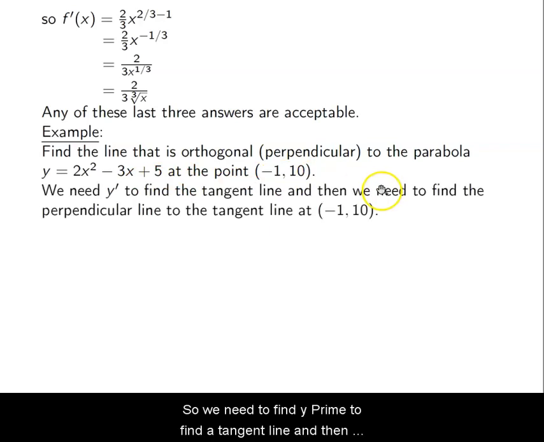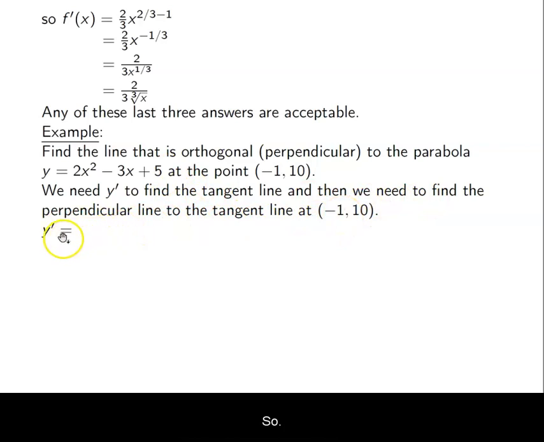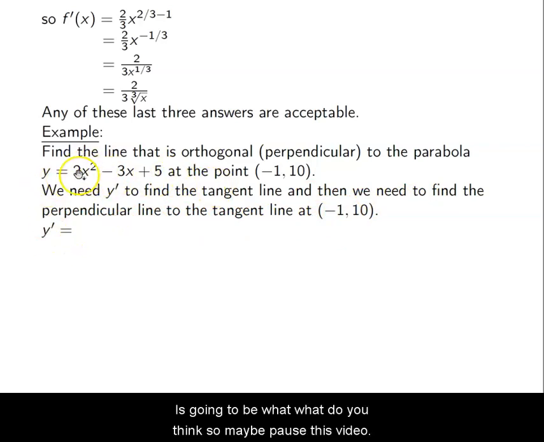So we need to find y prime to find the tangent line, and then we need to find the perpendicular line to the tangent line at that point. So my derivative, if this is y, is going to be what? What do you think? Maybe pause this video, do it on your own, and then play it and see what you get.